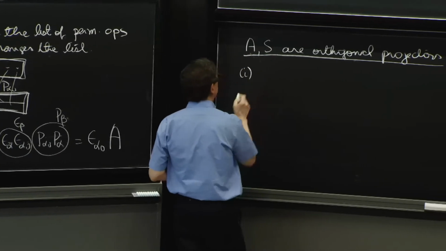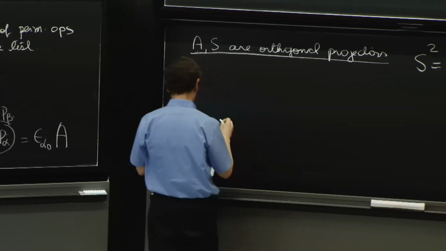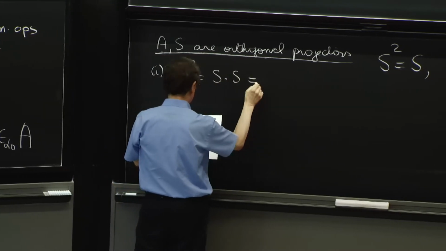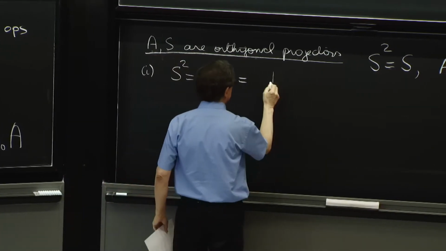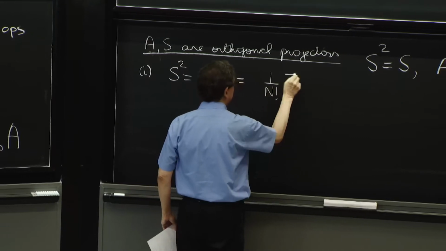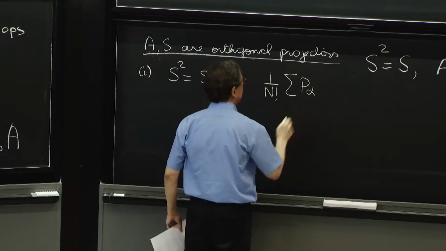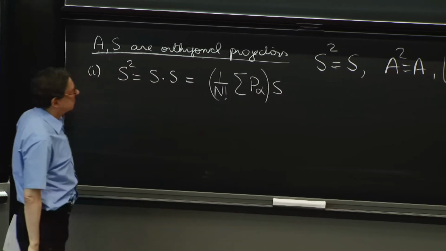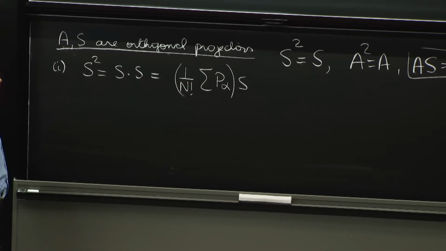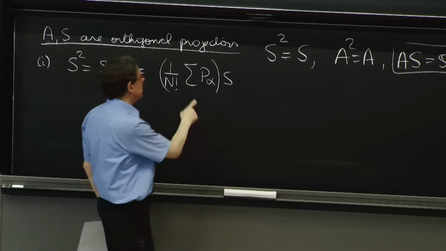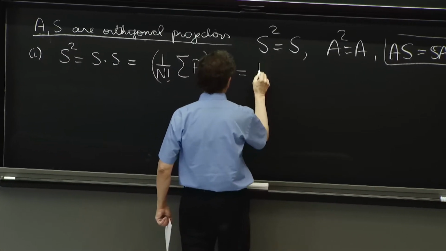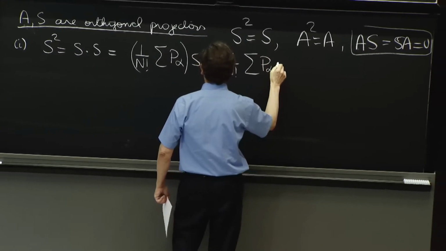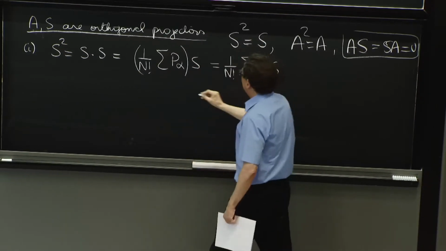So first case, S squared equals S. S squared is S times S. So I will write it as 1 over n factorial, the sum over alpha of epsilon alpha P alpha, acting on the other S. Now, next step is just erasing this parenthesis, and the sum over alpha.